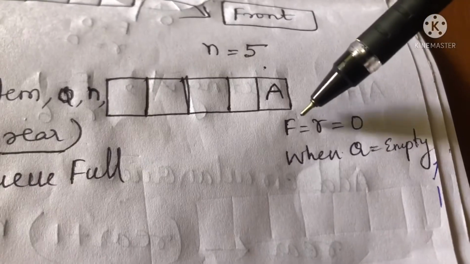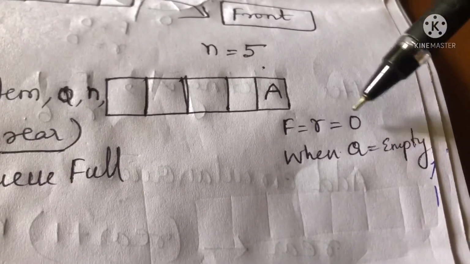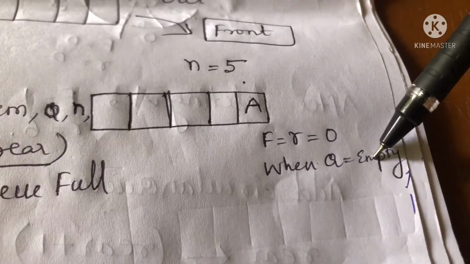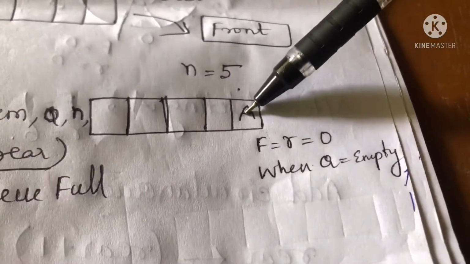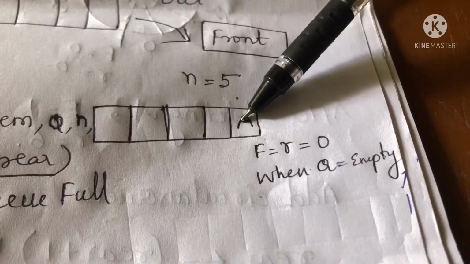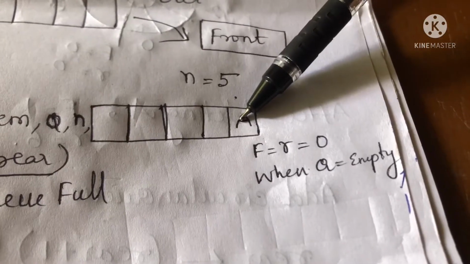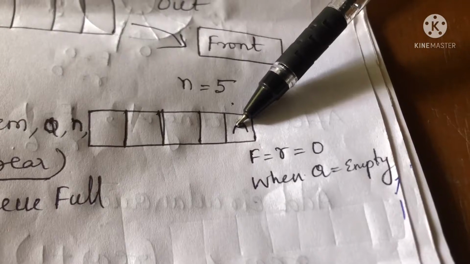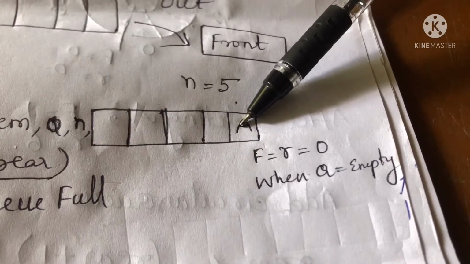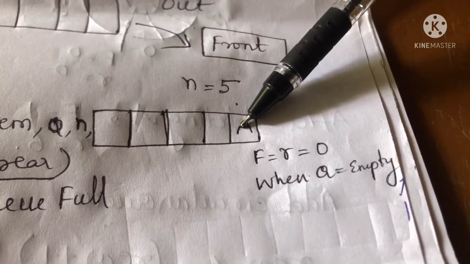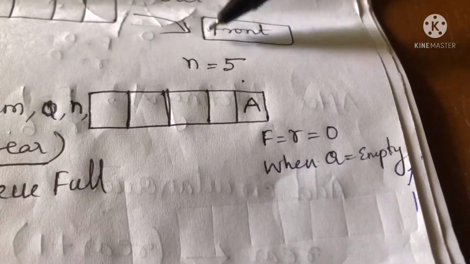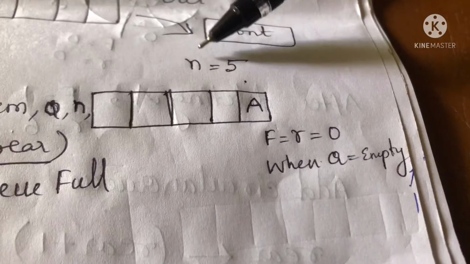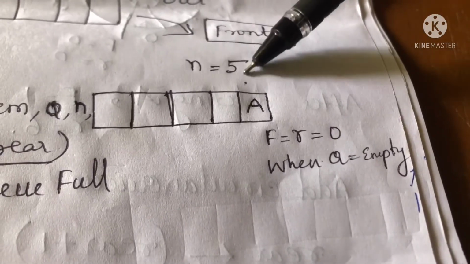That is, if front and rear are equal, the queue is empty. You consider this space fully empty, so front and rear are both denoting 0. This is called queue is empty. But we have to insert how many elements? 5 elements, because the queue size n is 5.